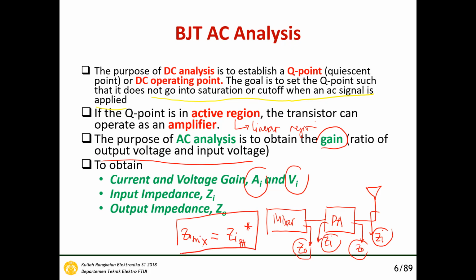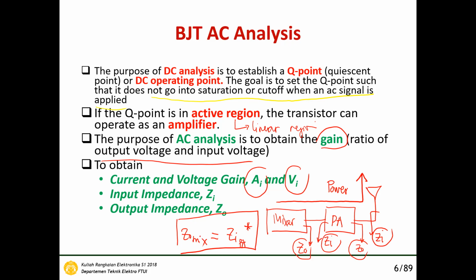So it means that like this one. The power is coming from the mixer to the antenna, like this is the power we deliver. So if the mixer and power amplifier are matched, the power will be delivered 100%, and then from the power amplifier delivered to the antenna. If the output impedance of the power amplifier is a conjugate match with the input impedance of the antenna, power will be delivered 100%.